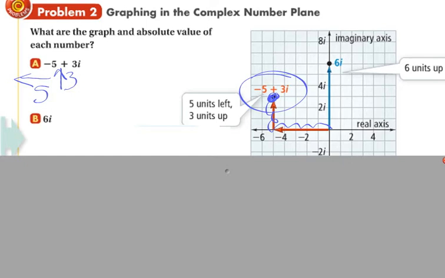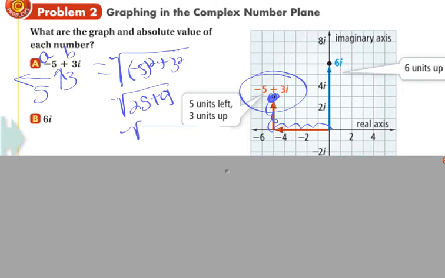Now they want the absolute value. So if a is -5 and b is 3, then it's going to be equal to the square root of a squared, which is -5 squared, plus b squared, which is 3 squared. So that's going to be the square root of 25 plus 9, which is the square root of 34.